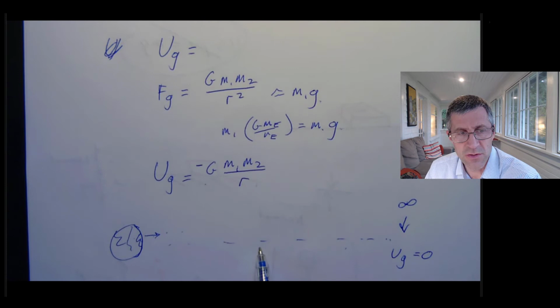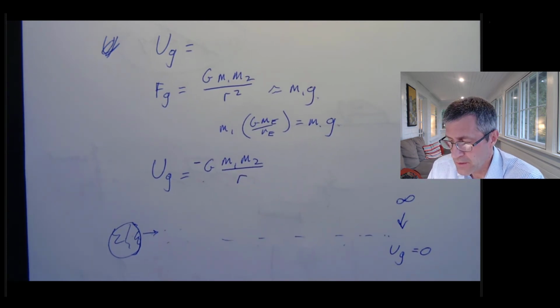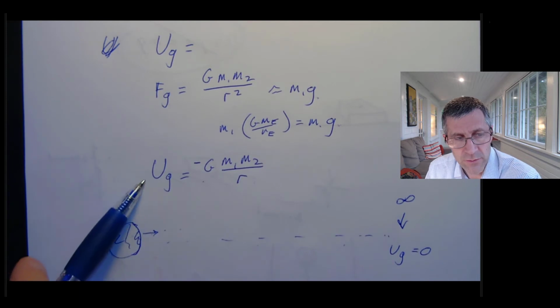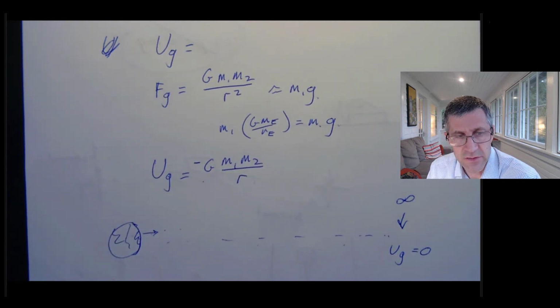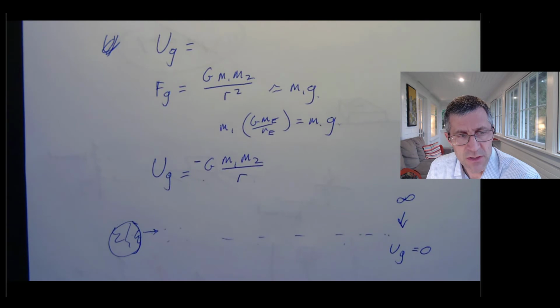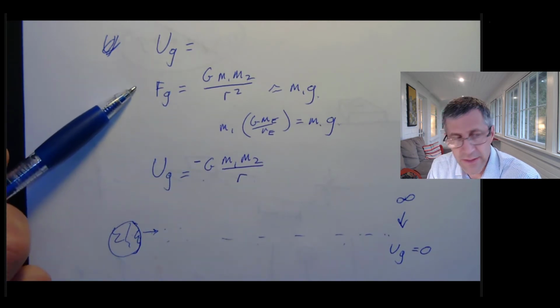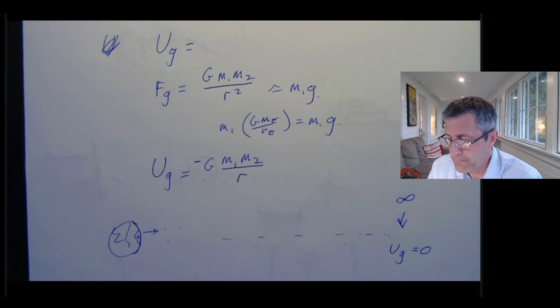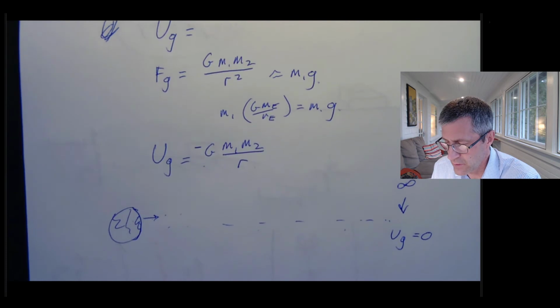And as I get even closer, it's going to be even less than 0, a larger negative number. So we have to be really careful to have this negative sign here. Gravitational potential energy is very similar to the calculation for Newton's universal law of gravitation, with the caveat that we put a negative sign in there to make it work out.